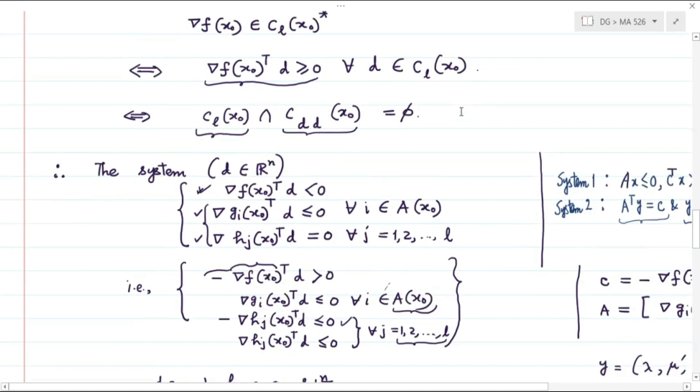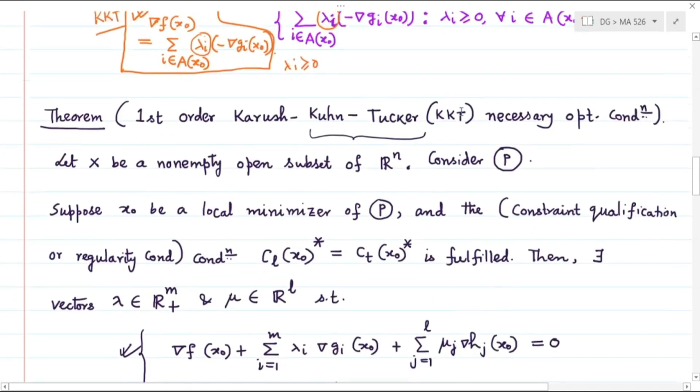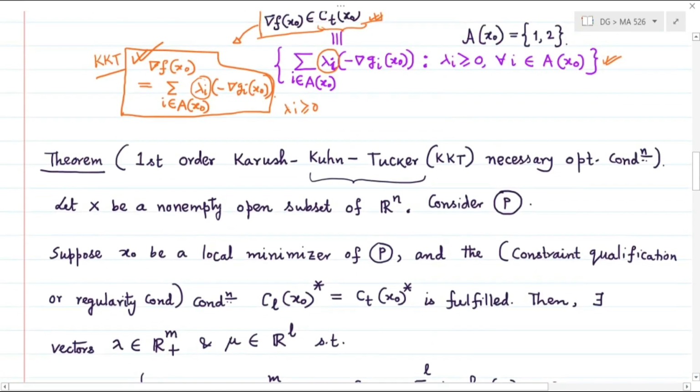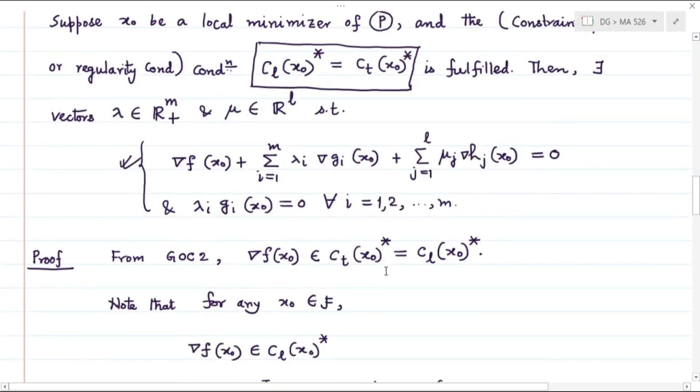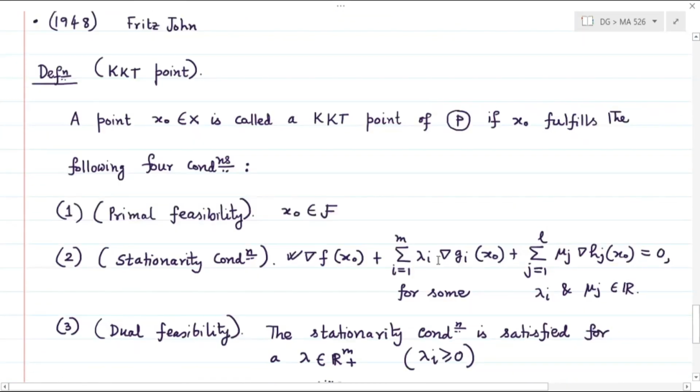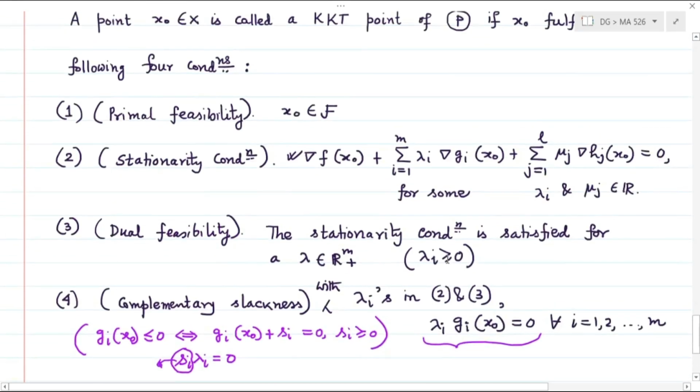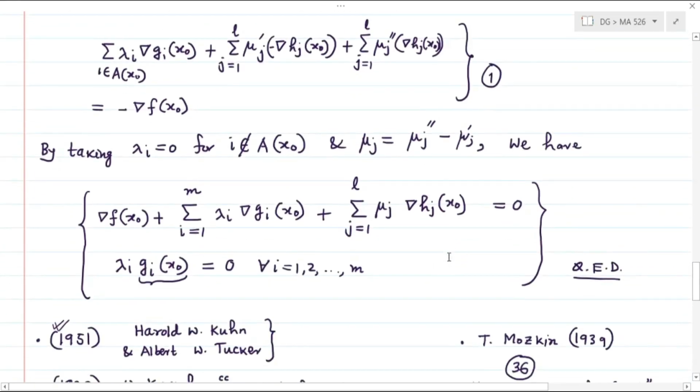No, it is really not, because unless this regularity condition is satisfied, which is very crucial in the necessary optimality condition, it may not hold. If this condition or some other constraint qualification condition is not satisfied, x0 might be optimum, but it might not be a KKT point. It might not satisfy these two conditions.